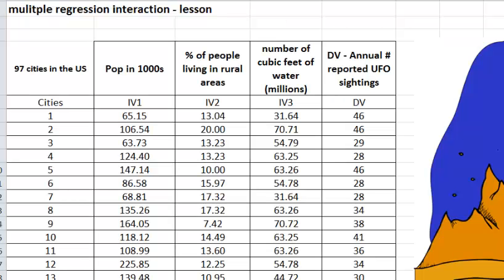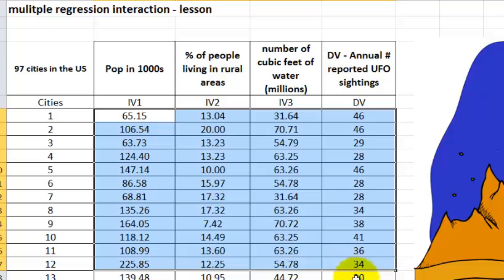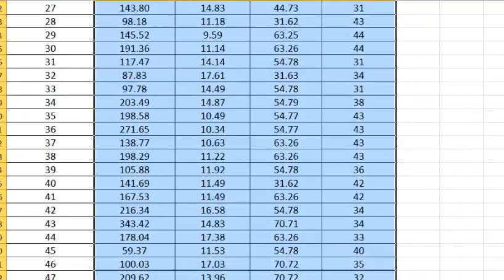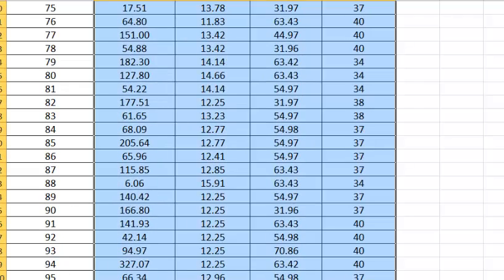So normality. How do we find normality with multiple regression models? Let's show you how in SPSS. But before that, I forgot to cut and paste the data in there. So I'm going to go ahead and just cut and paste the data from the Excel spreadsheet into the SPSS sheet.